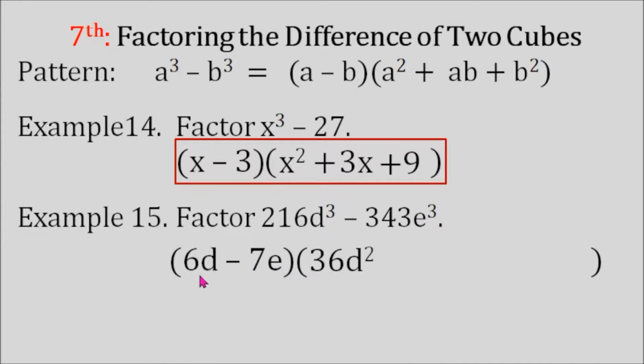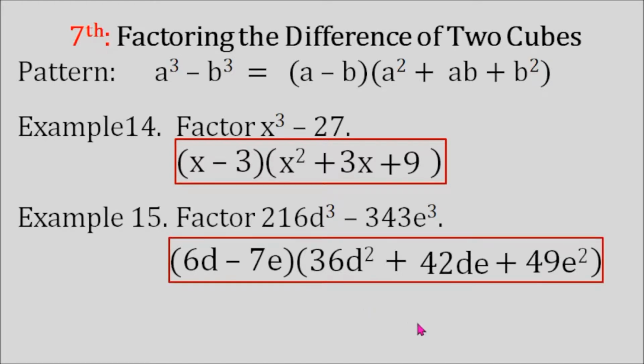Because it's negative 42de, we will make it positive 42de. Then the last term here is just the square of negative 7e. That is negative 7e times negative 7e, that's 49e squared. So these are the factors: the quantity 6d minus 7e times the quantity 36d squared plus 42de plus 49e squared.